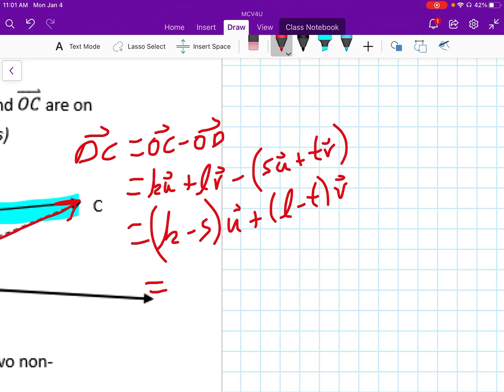Whether the numbers are 7 and 4, we get 3, or any other combination, it's just another scalar. So we can say that's some scalar A times vector U plus some scalar B times vector V. So we have a linear combination.